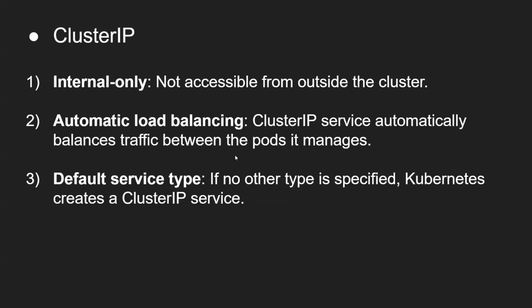It can communicate only internally, not outside. It also helps with automatic load balancing for your services. This is the default service available in your cluster, and no other service gets created by default other than this cluster IP.